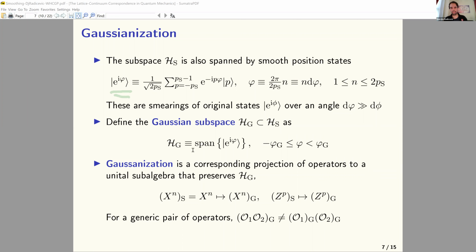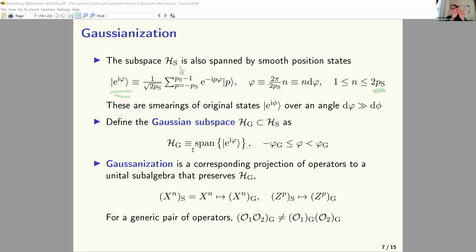I'm just performing the inverse Fourier transform, but now I'm forcing the momenta to only go to this new cutoff, to this new PS cutoff, not all the way to K half or something. So there are only two PS independent vectors, e to the I curly phi. And you can imagine them as being just smearings of the original e to the I straight phi states.